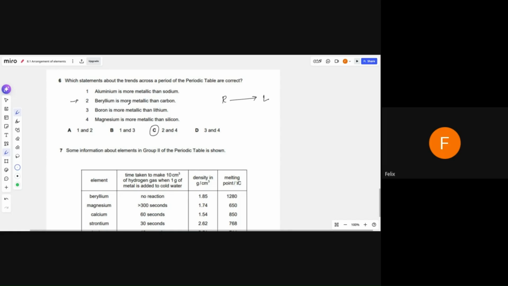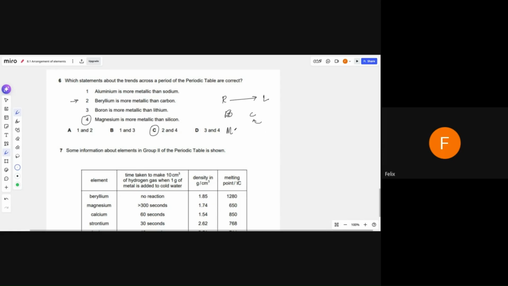So beryllium is more metallic than carbon because beryllium is on the left side and carbon is on the right side. So carbon will be more non-metallic or less metallic than beryllium. And point number 4, magnesium is more metallic than silicon.